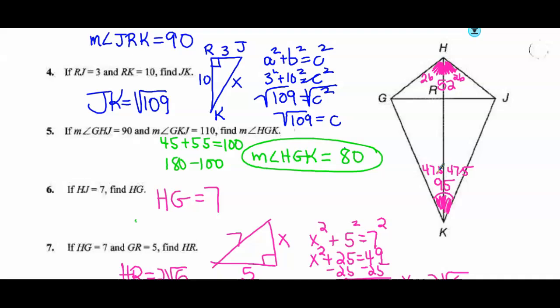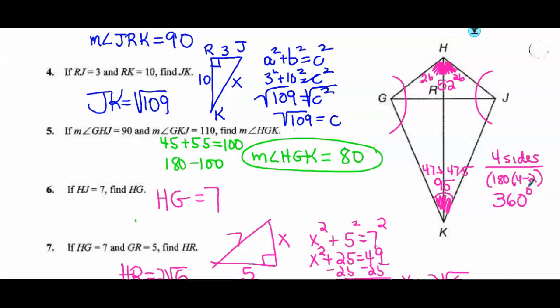It says find HGK. HGK would be here. So to find HGK, remember that these two are congruent. This is a four-sided figure. Four-sided figures from the first lesson of this chapter. You take 180 times 4 minus 2 to get 360 degrees in a figure.